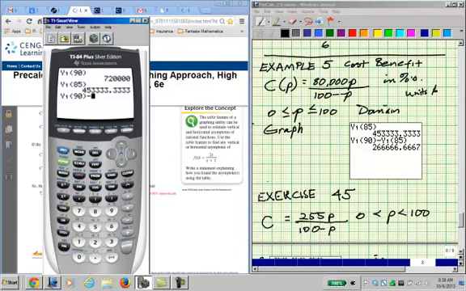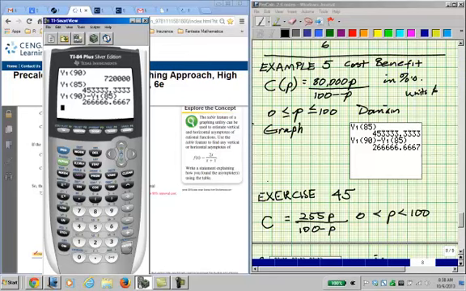Let's just do it like this. I'll do vars, yvars, y1, minus. That's probably the fastest way to do it.